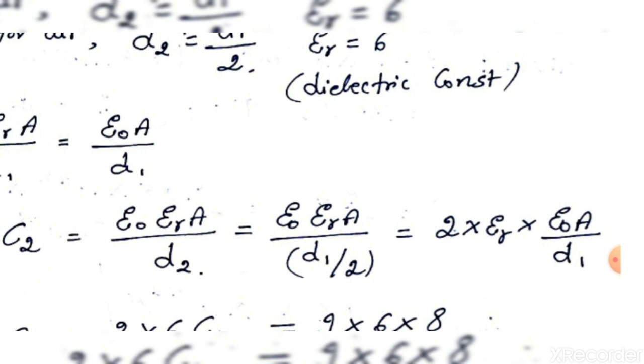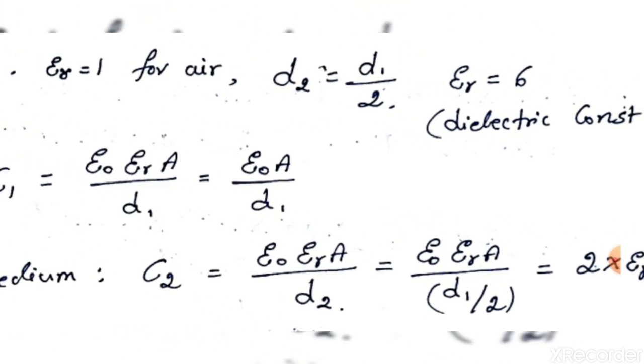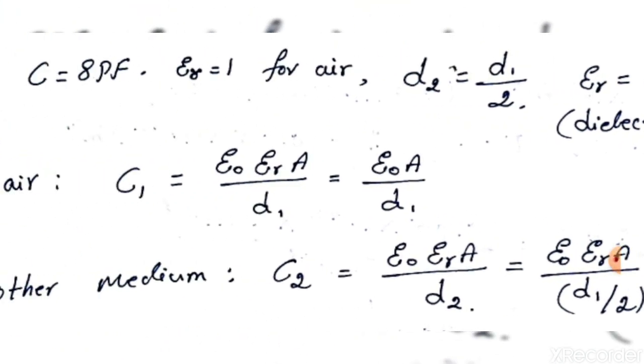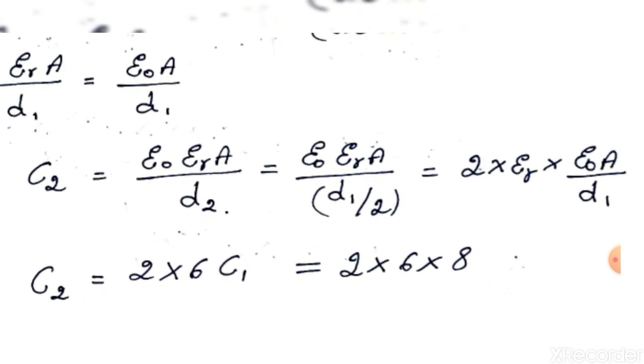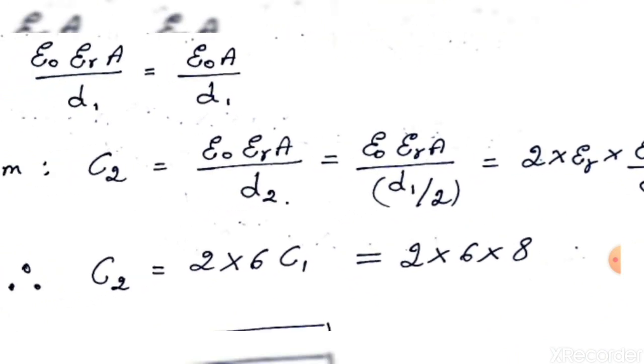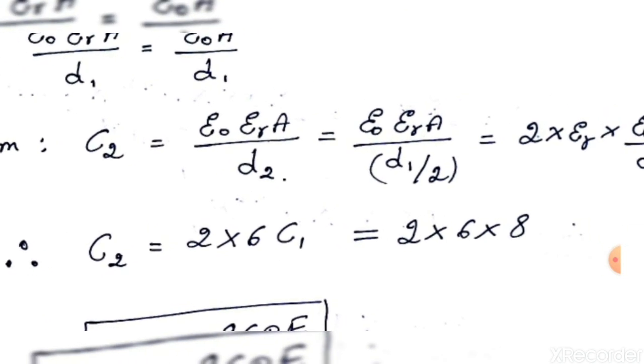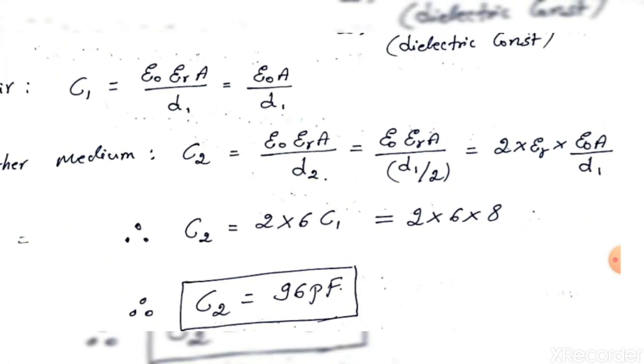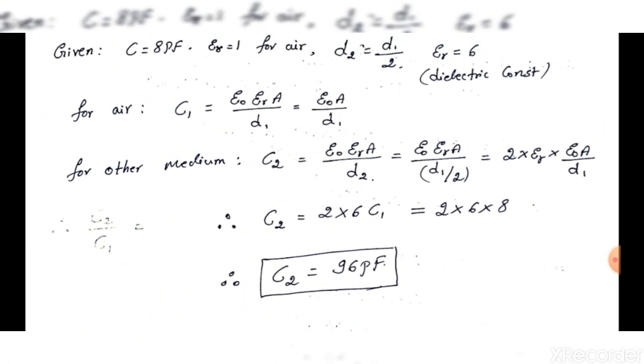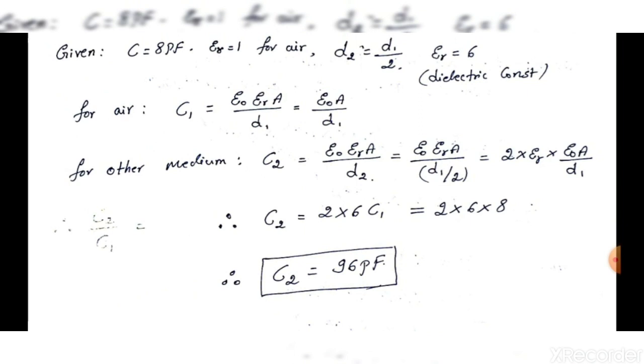Observe here, epsilon naught A by d1 is nothing but C1, so you can substitute here: 2 into epsilon r into C1. That means the value becomes 2 into 6, epsilon r, the dielectric constant given as 6, into C1. The C1 is given, that is 8. So after multiplying, you will get C2 is equal to 96 picofarad.